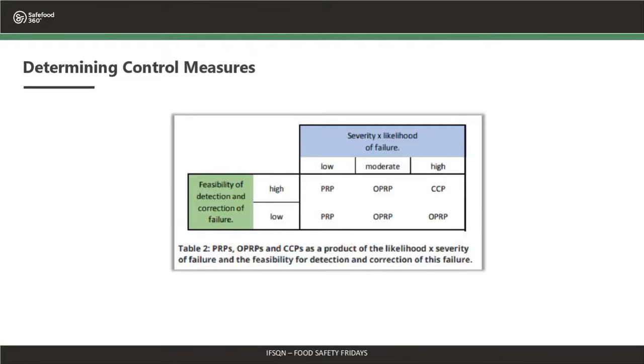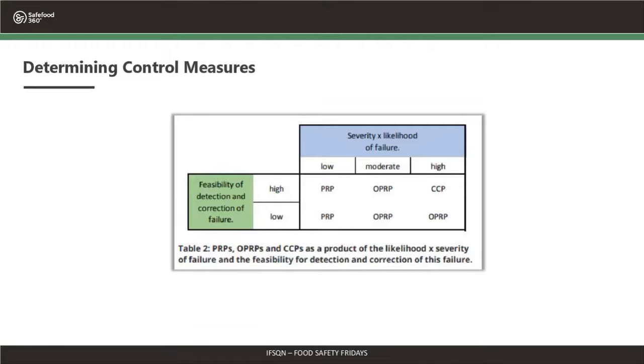Looking at the definitions again of PRP, OPRP, and CCP: OPRP and CCP are there to prevent and control significant hazards, whereas a PRP is like the foundation. And if we do have a failure of a PRP, it's not going to perhaps directly impact a specific product.